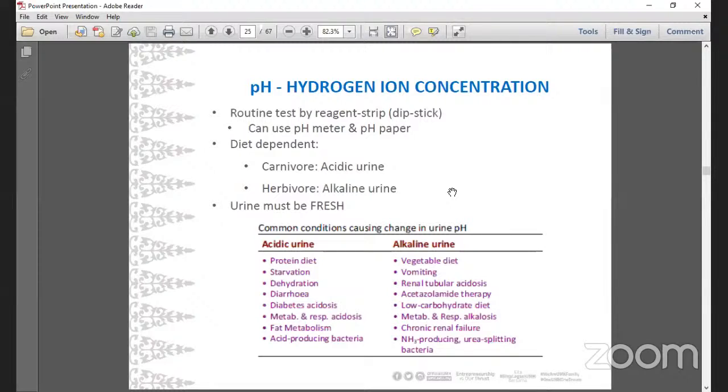For example, a faulty diet, starvation, dehydration, diarrhea, diabetic acidosis, metabolic and respiratory acidosis, affected metabolism, and also acid-producing bacteria will cause acidic urine. And the same goes for alkaline urine, like in herbivore animals, which easily have alkaline urine. So can we move to the next slide?